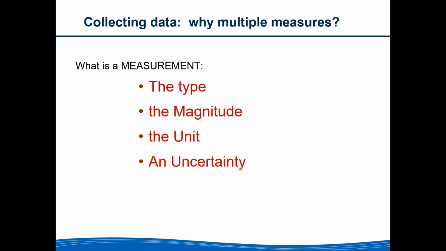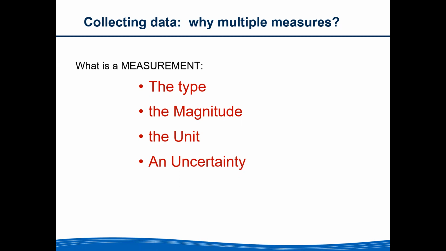If you look at the official definition of measurement, a measurement is a type, like weight or distance, a magnitude, like 5 or 6, a unit, meters or kilograms, and an uncertainty.